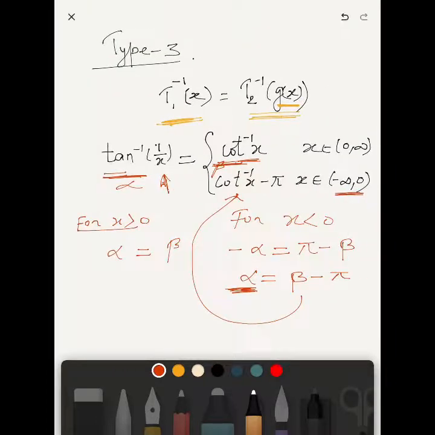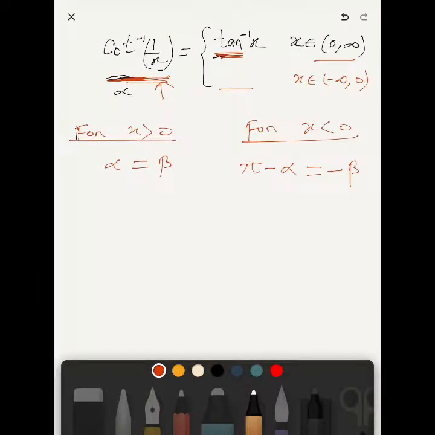Pi minus alpha is equal to minus beta. You need to find alpha, right? So alpha will go to the right side and beta will come to this side, so it will be pi plus beta. So your alpha is pi plus beta. This one was your beta, isn't it?